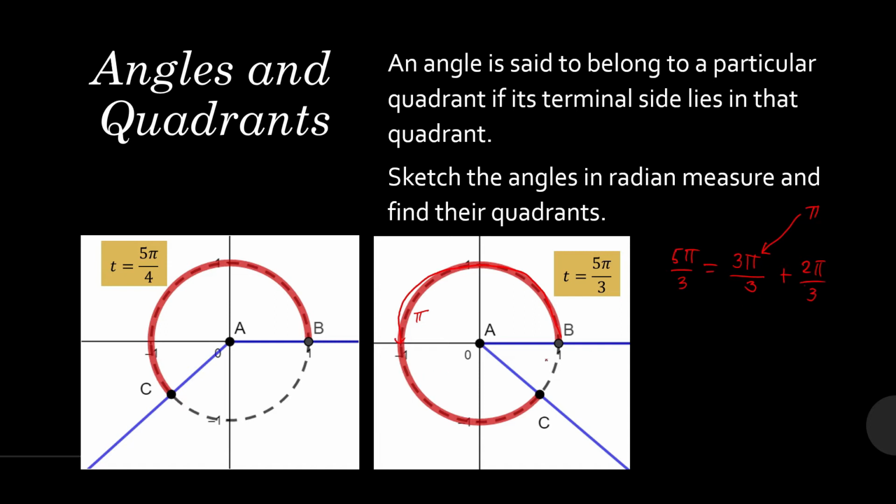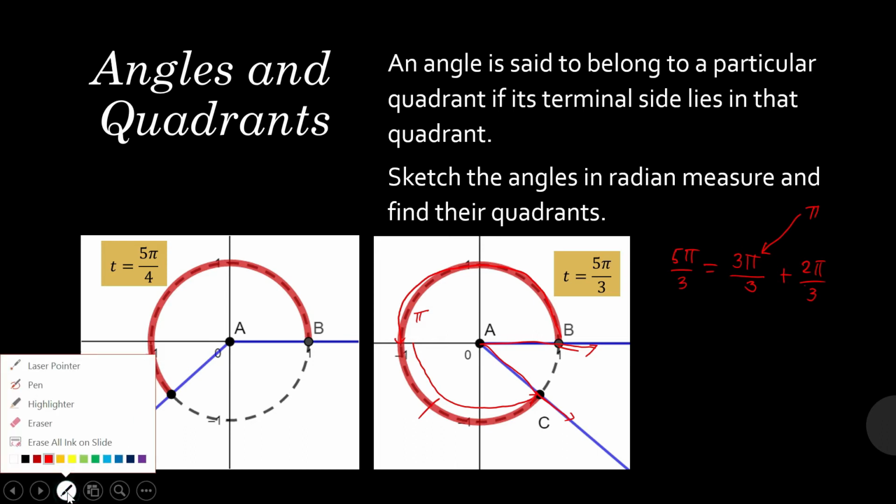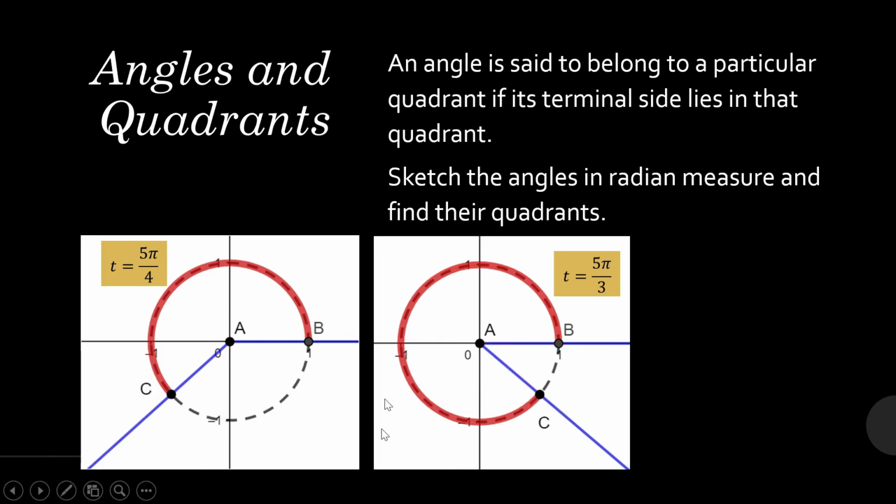So how do you estimate the length of your arc if it is 2 pi over 3? What you do is you divide this into 3 equal parts, 1, 2, and then 3, and then you trace 2 of those 3. So coming from pi, you will trace 2/3 of a pi. So again, our angle here is angle BAC. That is our angle, and that arc there, 5 pi over 3, that is the angle measure in terms of radians.